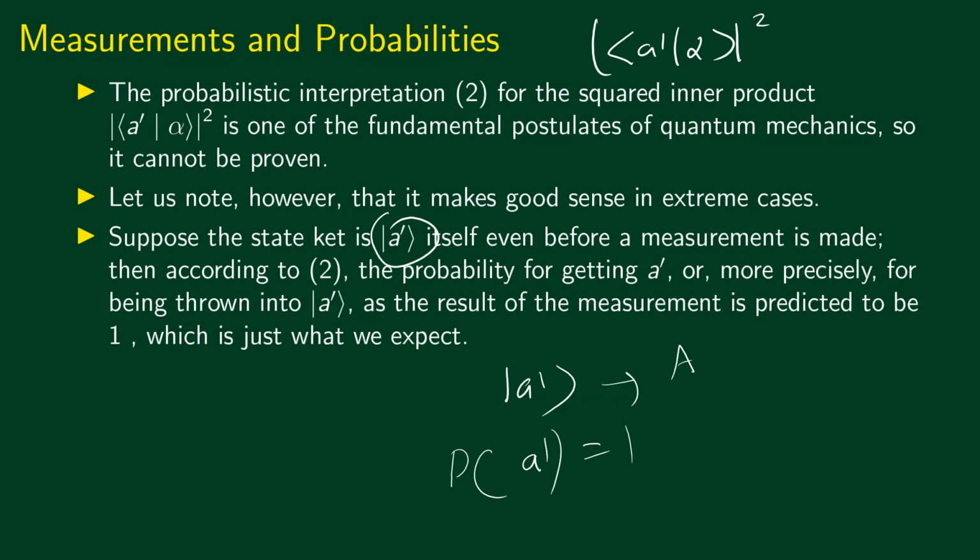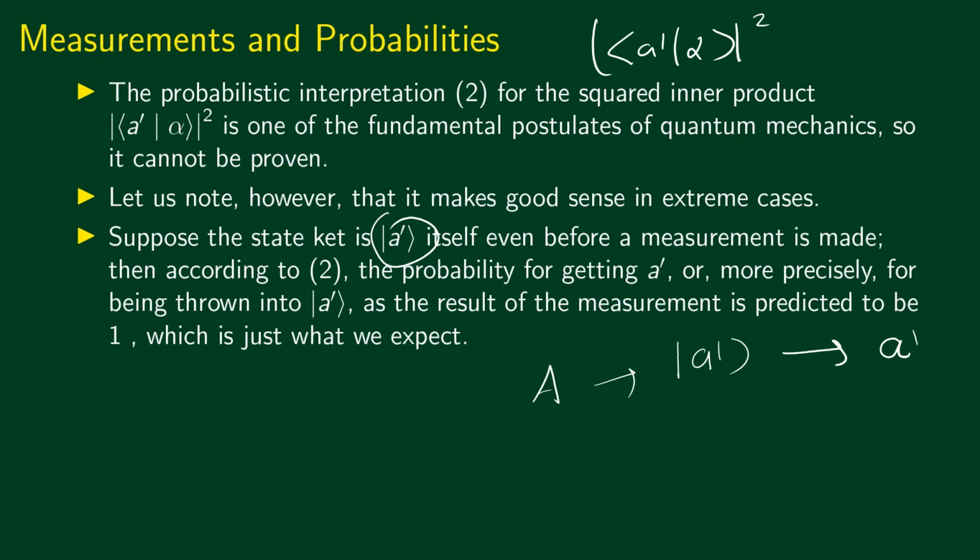So if you make a measurement of an observable A on an eigenket of this observable, then you are sure to get the eigenvalue A prime as the outcome.